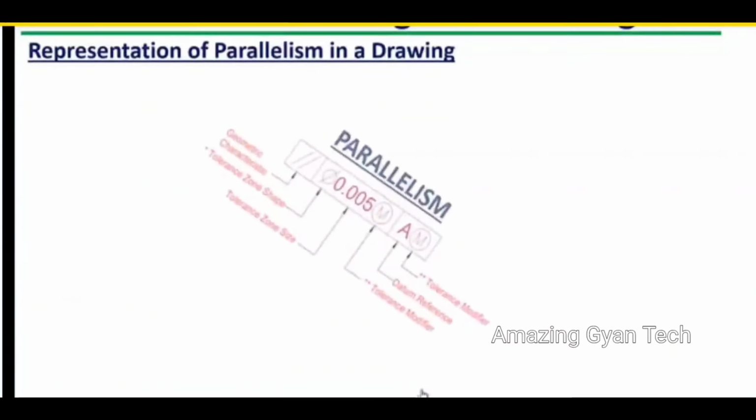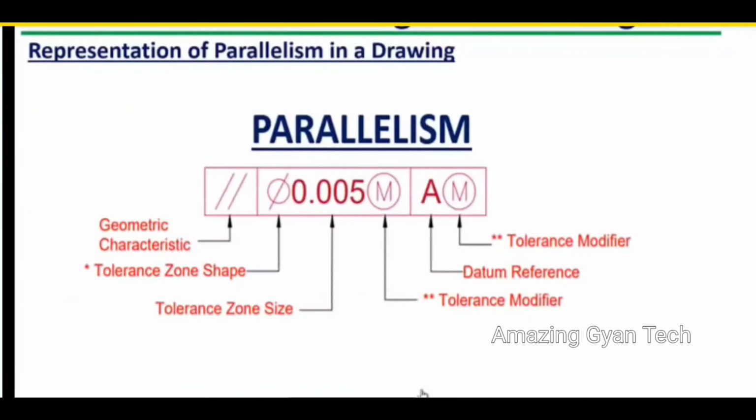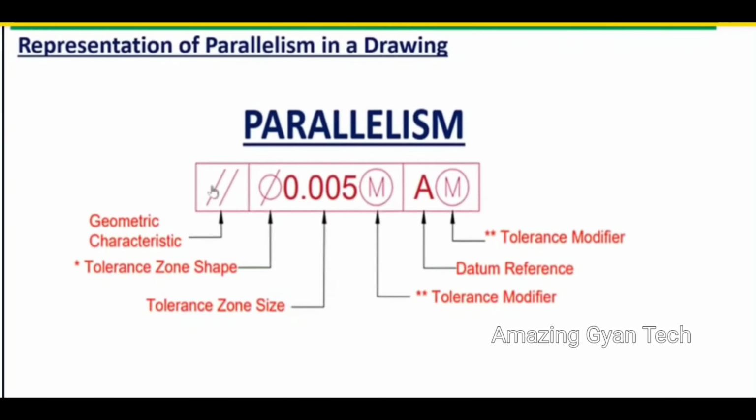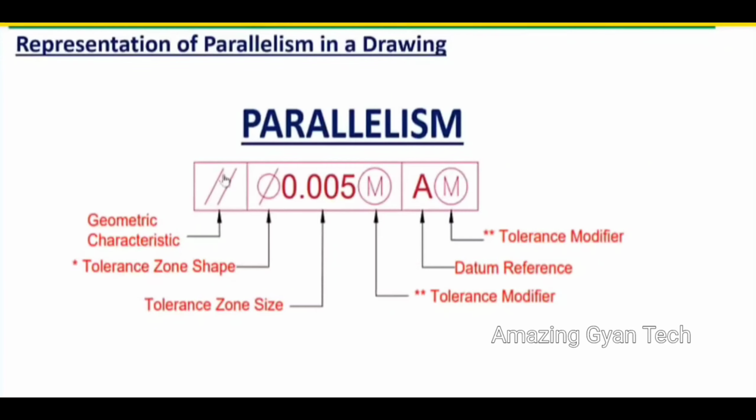So now representation of parallelism in a drawing. How are we going to represent parallelism in a drawing? This is the feature control frame. Since it is an orientation tolerance, all the three zones are filled. In the first zone we have the geometric characteristic symbol, that is two slanting lines, and in the second zone you can have a tolerance zone shape also. It can be cylindrical or it can be wide tolerance zone.